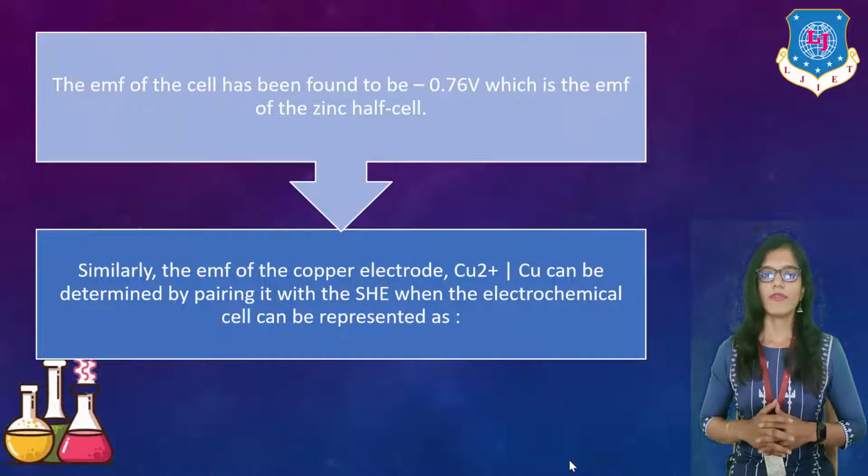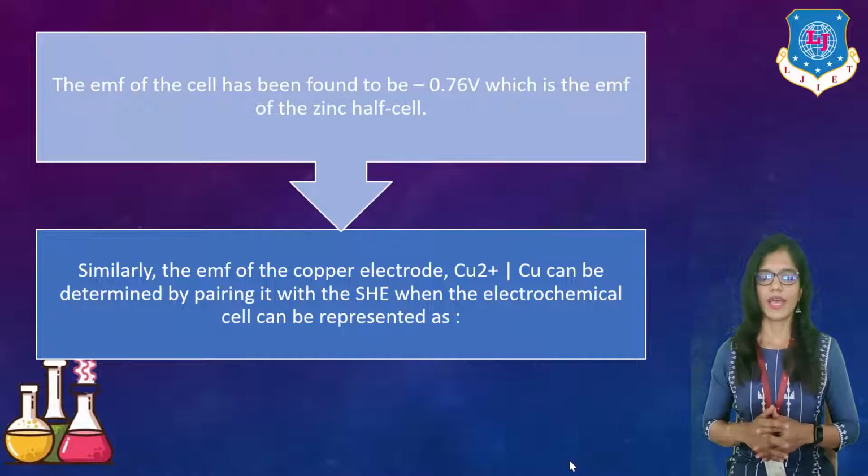Now the EMF of the half cell has been found to be minus 0.76 volts, which is the EMF of the zinc half cell. Similarly, the EMF of the copper electrode, which is Cu2+ | Cu, can be determined by pairing it with SHE.